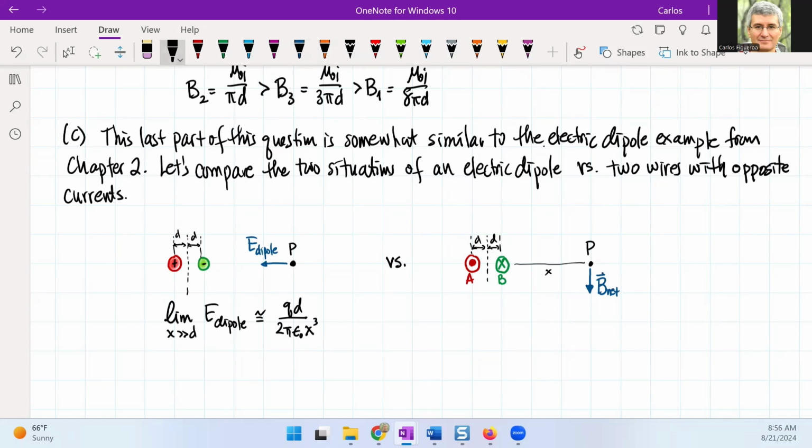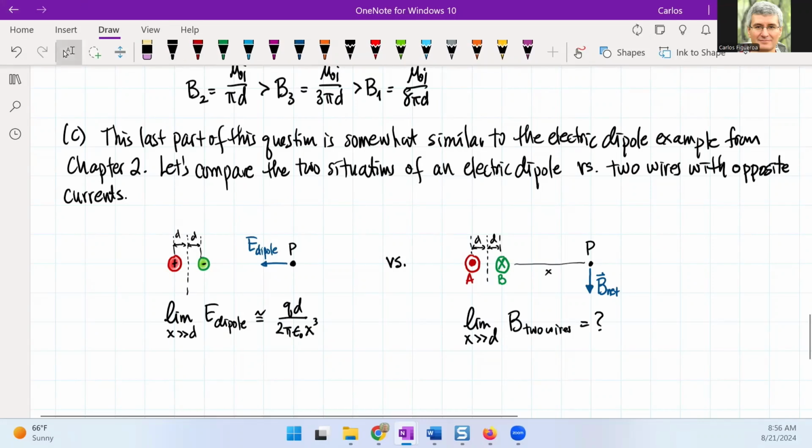So the question that we're asking is this. In the limit as x gets much, much bigger than d, what does that magnetic field tell us about two infinite wires? What is that equal to? Well, we got to calculate that, so let's calculate it.